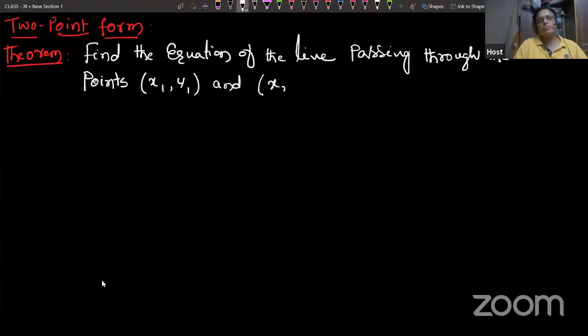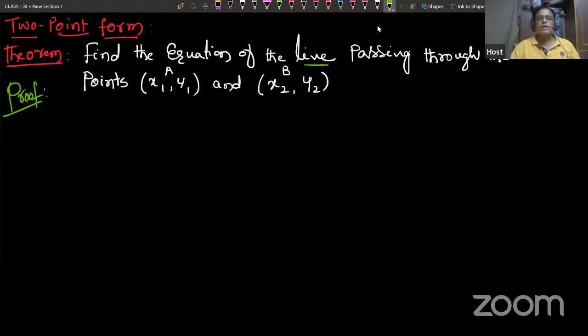These 2 points are given. We name these points as A and B. Okay, directly I'll prove the theorem now. Just go for the proof, you see that.